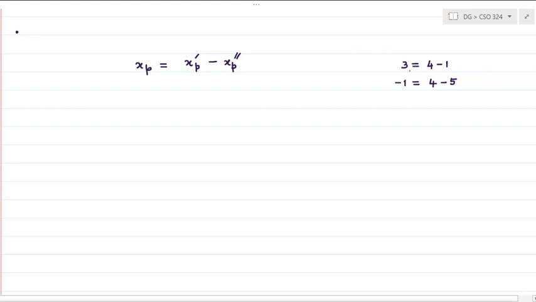And therefore, we note that any positive or negative variable can be written as difference between two non-negative variables, right? So here, you just replace xp by two more variables xp' and xp'', where xp' is greater than equals to 0, as well xp'' is greater than equals to 0.